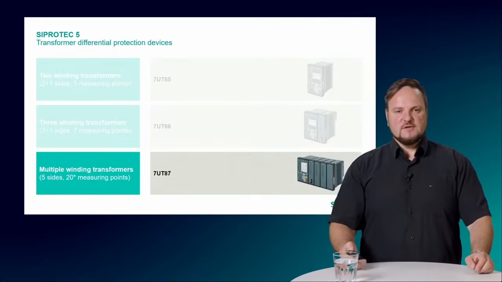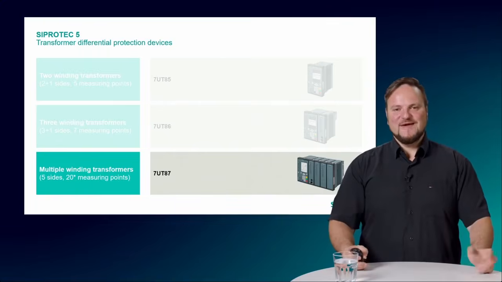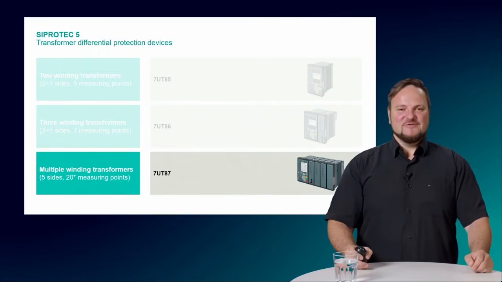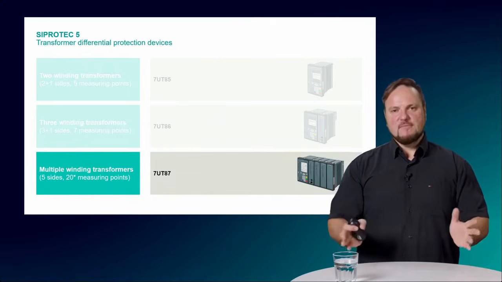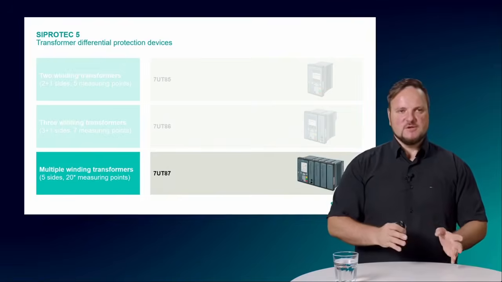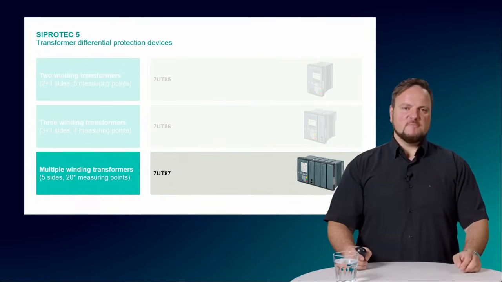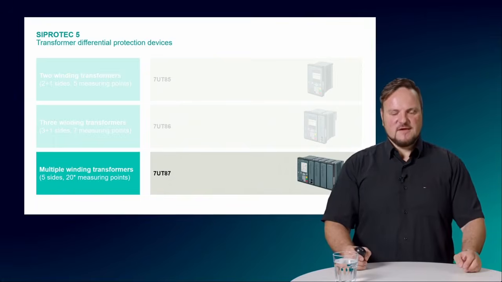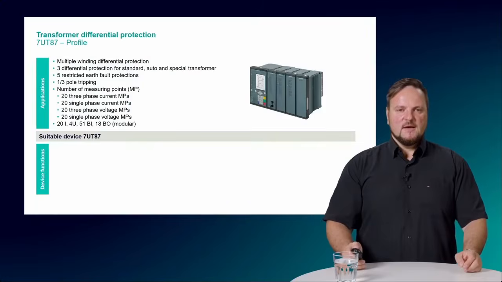And last but not least, in our series, the biggest baby what we have already is the 7UT87. This is a multiple winding transformer device, which is used in power plant application, unit protection, or small busbar application as well. So this device supports up to 5 transformer sites, and here we have the possibility to connect up to 20 measuring points.